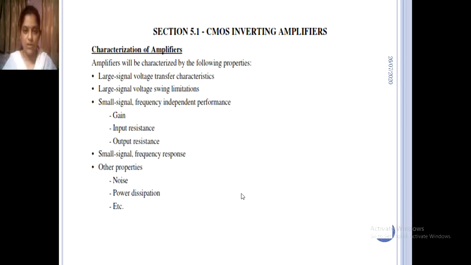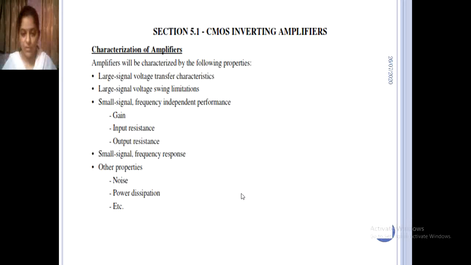CMOS inverting amplifiers, that is complementary metal oxide semiconductor. Here some characterizations of amplifiers are listed: large signal voltage transfer characteristics, large signal voltage swing limitations, small signal frequency independent performance like gain, input resistance, output resistance, then small signal frequency responses.